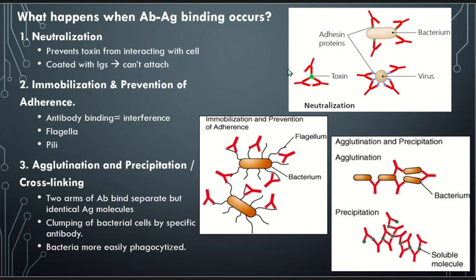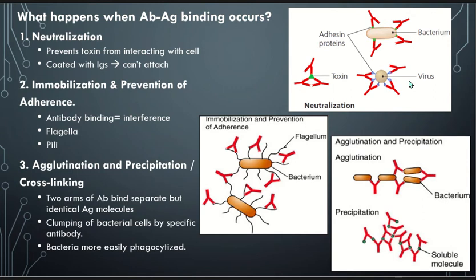And so these weapons that we're neutralizing can be toxins, they can be viruses, they can be surface antigens on a bacterial cell. But basically, if you coat them with an antibody, they have no means of binding to the surface receptors on our cells. And as we saw with the pathogenesis of viruses back in the basic virology unit, they have to be able to get in first.